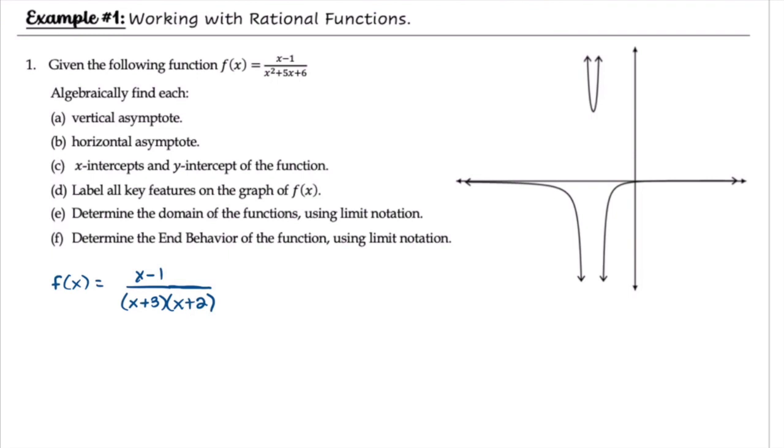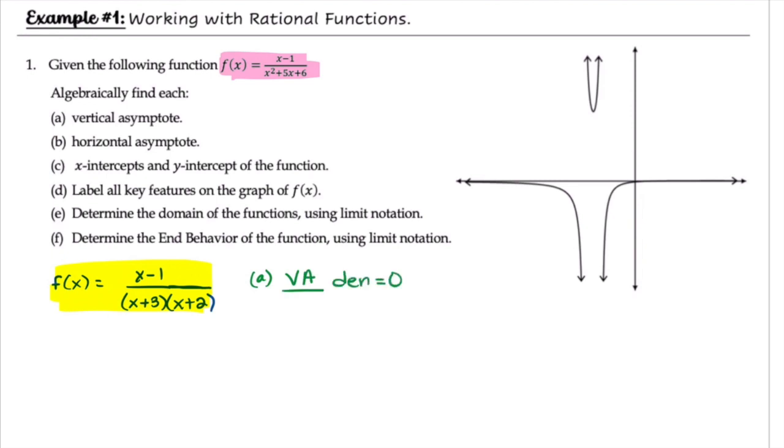Now what we are going to start off doing is determining if we need to sometimes use this factored form function, or if using the original function is quicker to work with. So for the vertical asymptote, we have to set the denominator equal to 0.